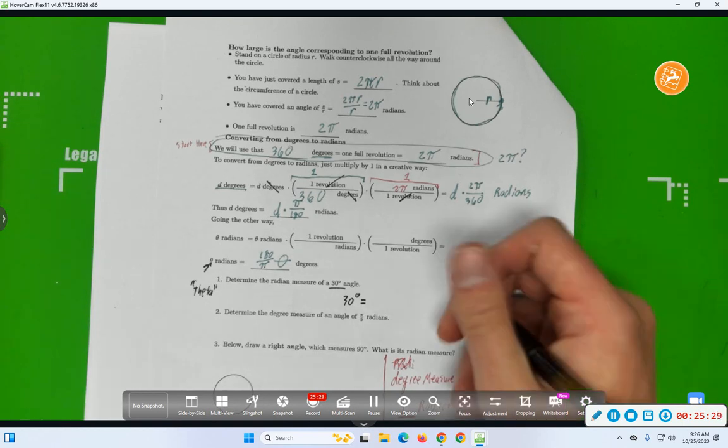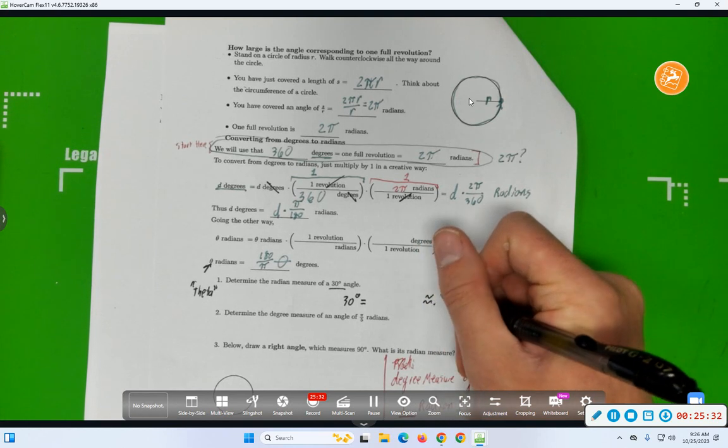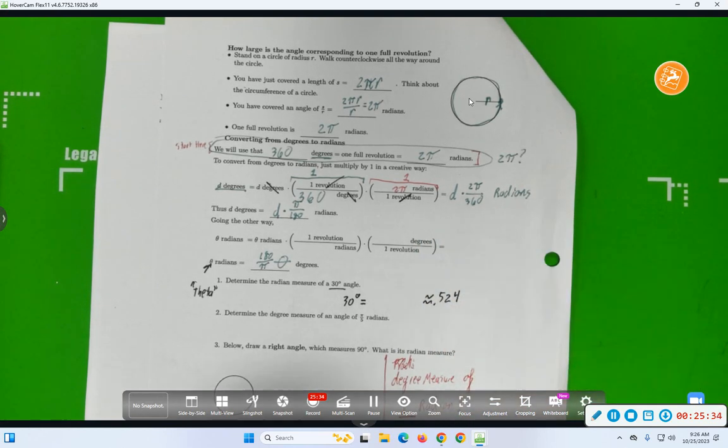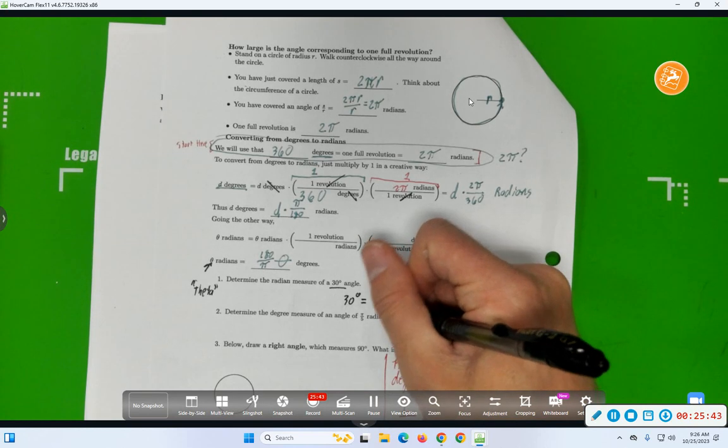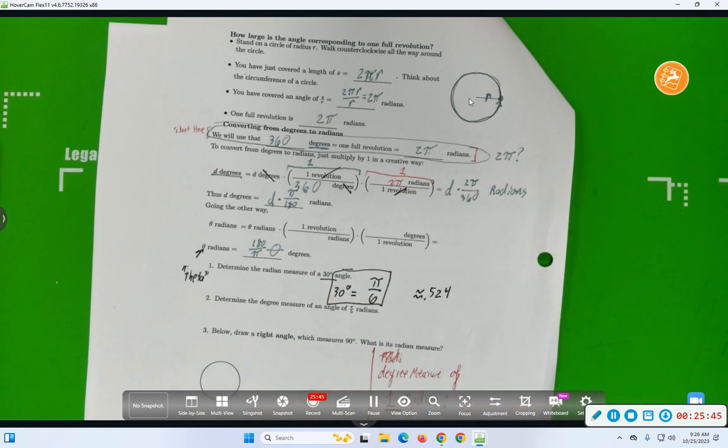Approximately 0.524. Yeah. I don't care about that number though. I want the exact value. Pi divided by 6? Cool. And there's the answer I'm actually going to care about. That's something that we'll use a lot.